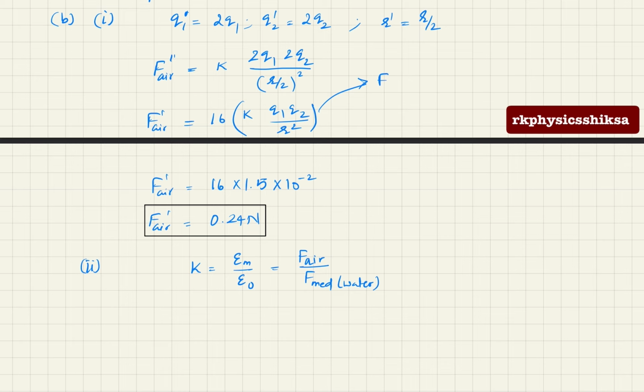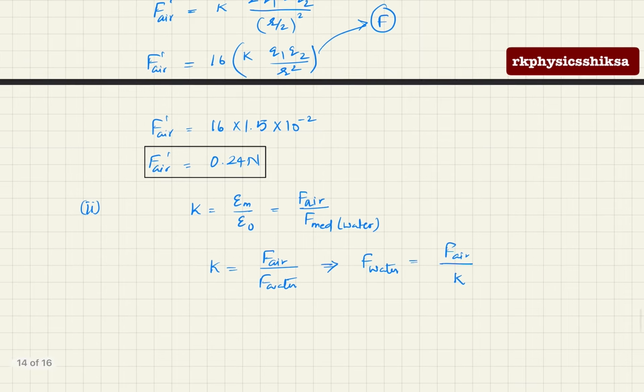So I know the value of force in air, that is the F value. In that case, I just take K is equal to force in air divided by force in water. I am supposed to calculate the force existing between the charges Q1 and Q2 when these two are placed in water. Now from this, I take F water, the force between them in water, is equal to force in air divided by the dielectric constant.